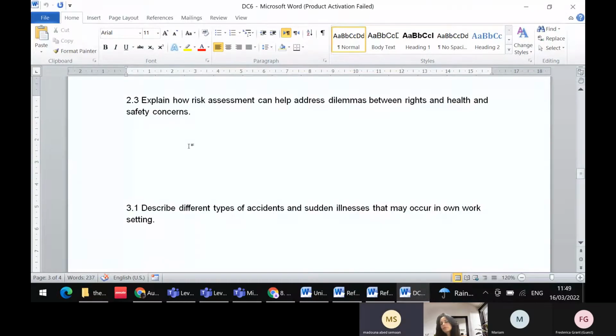No, I'm okay. Yeah, so when it says explain how risk assessment can help address the dilemma, you just need to talk about what the dilemma is. Like, people have their rights, and there is also risk involved when they do these activities. Give lots of examples, just like what I did now, and answer the question.